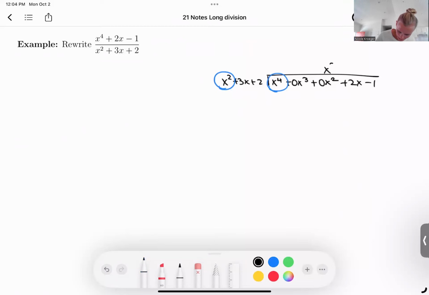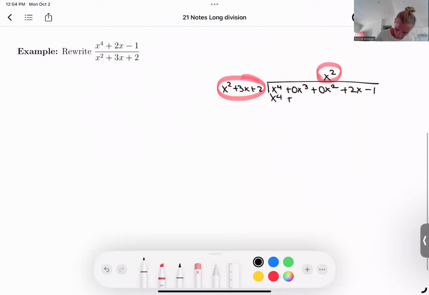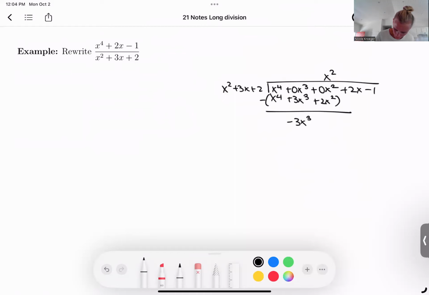That is x squared. Then I multiply that x squared by all of this to get x to the 4th plus 3x cubed plus 2x squared. We subtract all of that out. And that's going to give me minus 3x cubed minus 2x squared. Don't forget about that negative out front. It's easy to do. I'll carry these guys down, plus 2x minus 1.